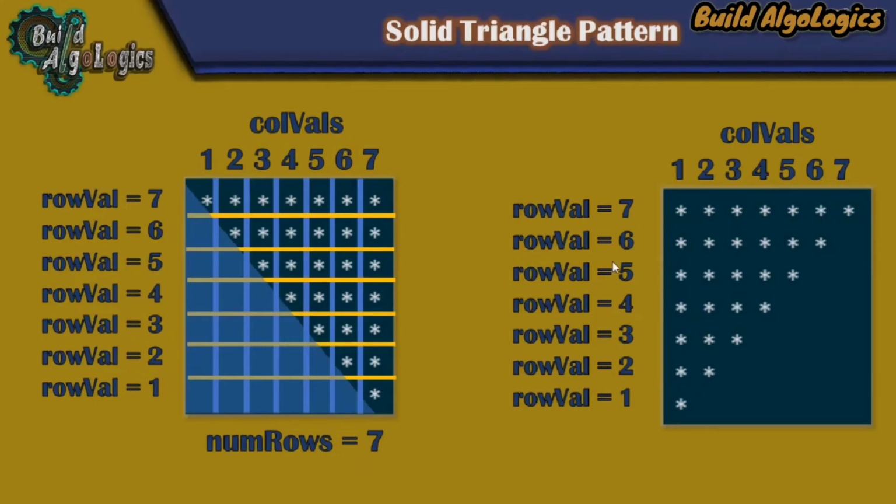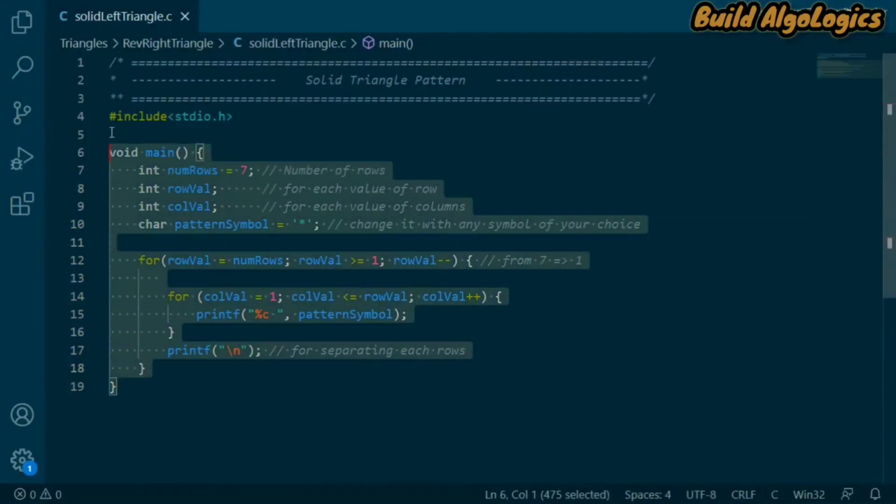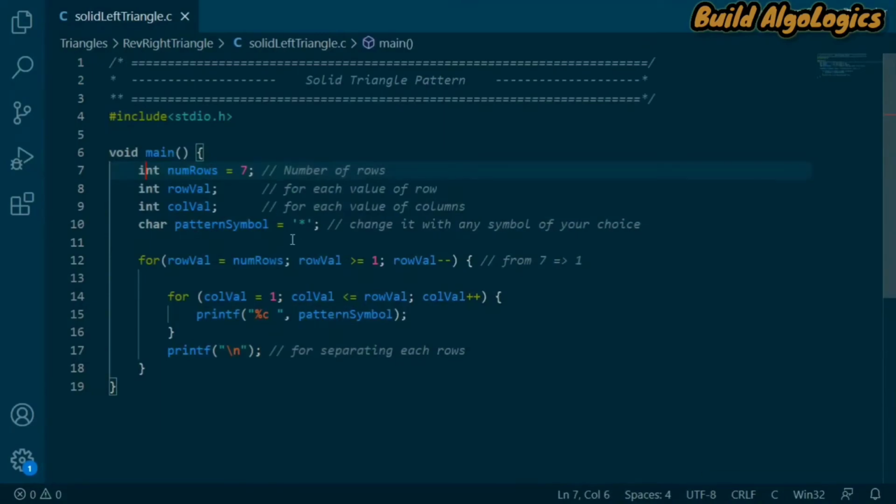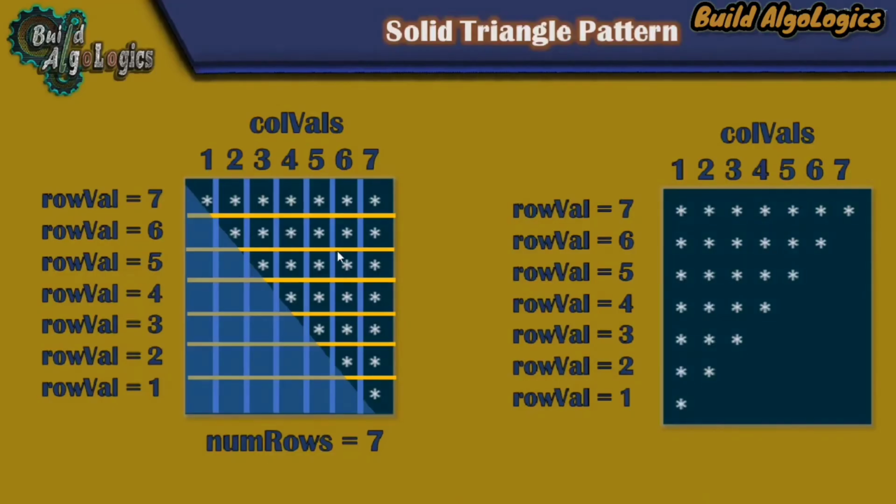Similarly for the second row 6 stars are printed and for the third row 5 stars are printed and so on. Therefore, the code that we had written in our previous tutorial for printing left-sided triangle, we can use that similar code here too. We just need to add this extra spaces part only. So let's see how can we do that.